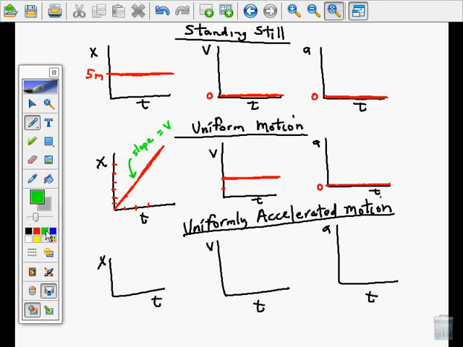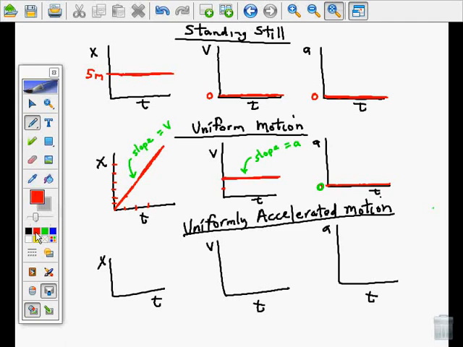Now, notice the slope of this line right here is equal to 0. Well, turns out that's what the acceleration is over here. 0. So basically, things to remember: the slope of the position time graph gives you the velocity. The slope of the velocity time graph gives you the acceleration.